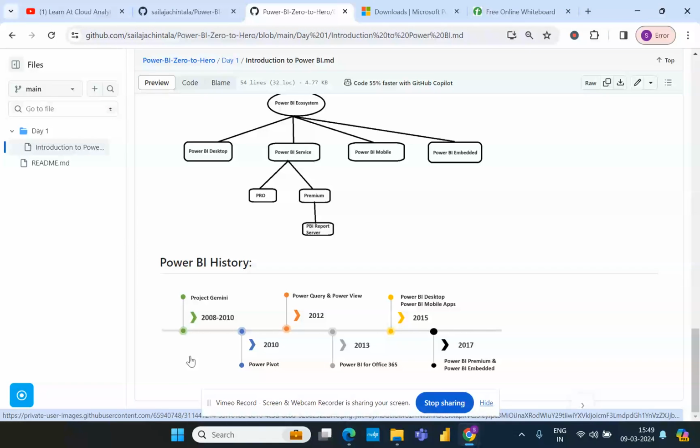This was introduced by Amir Netz, a distinguished engineer at Microsoft, and along with his team, they aimed at addressing the growing need for self-service business intelligence tools within organizations. So that's when it all started.